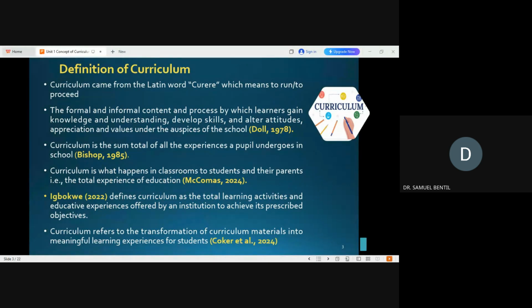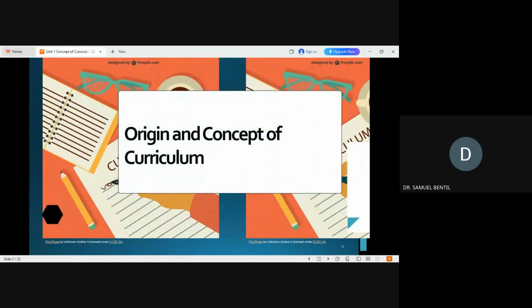But I would first like to hear from you. You have also come across the word curriculum in your life before. So before we look at what some scholars have said, I would like you to also share with me what you know when it comes to the word curriculum. I'm sure some of you have heard it somewhere. Some of you have also read before coming, and some of you also have some materials. So when we say the word curriculum, what comes to mind? What do you know about that?